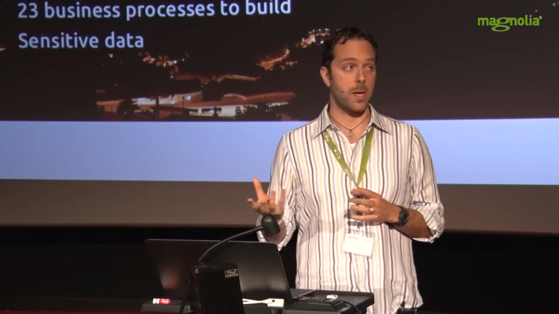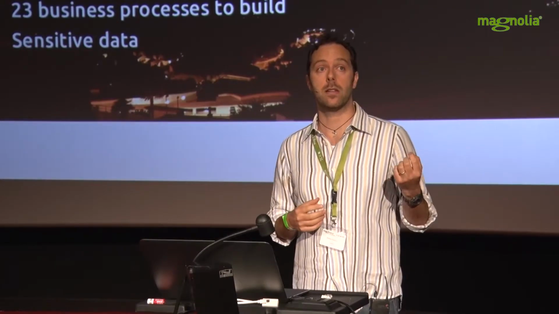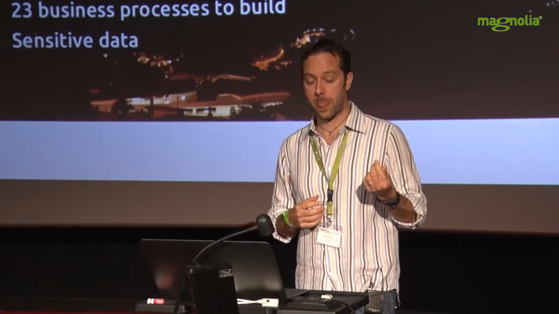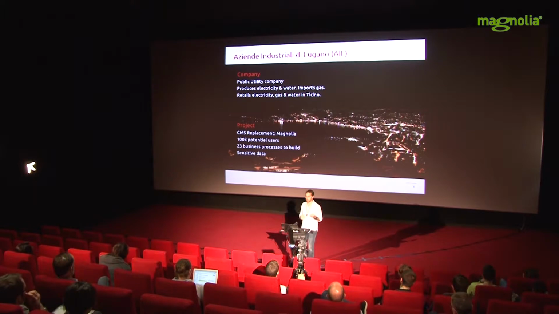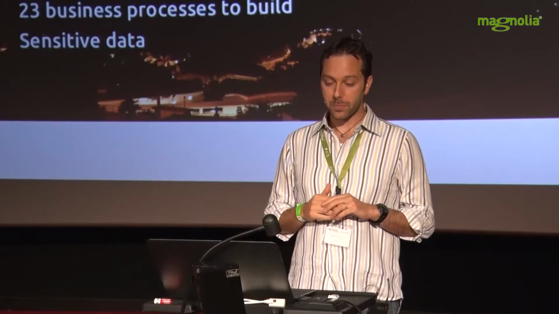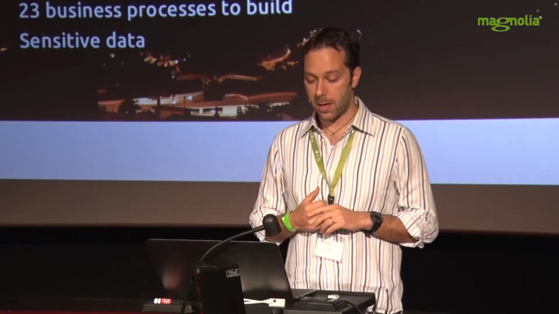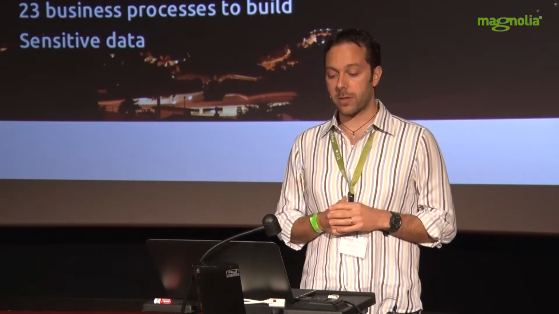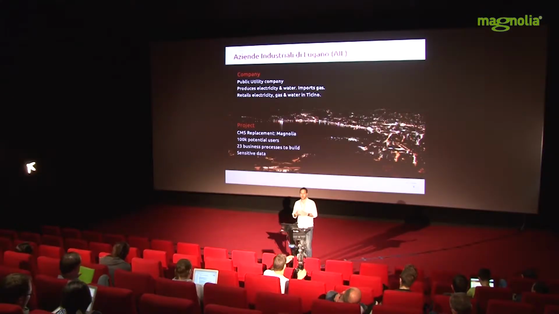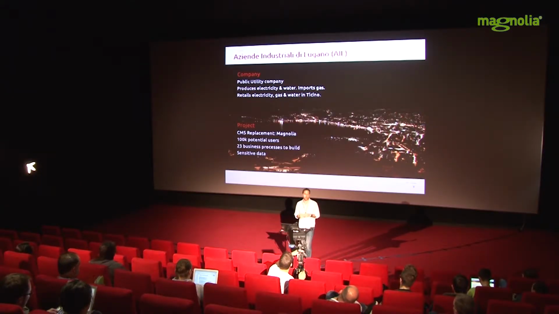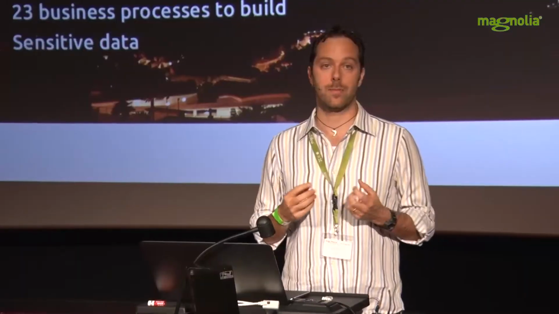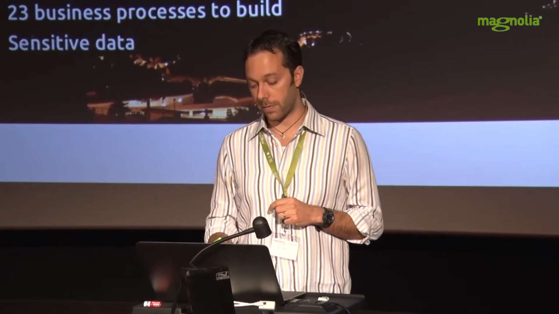The project is about replacing their existing CMS solution, based on an old version of the LiveLink OpenText solution, with Magnolia. We have 100,000 potential web users, 23 business processes to build, and of course we are dealing with sensitive data, so we need attention on this kind of topic.